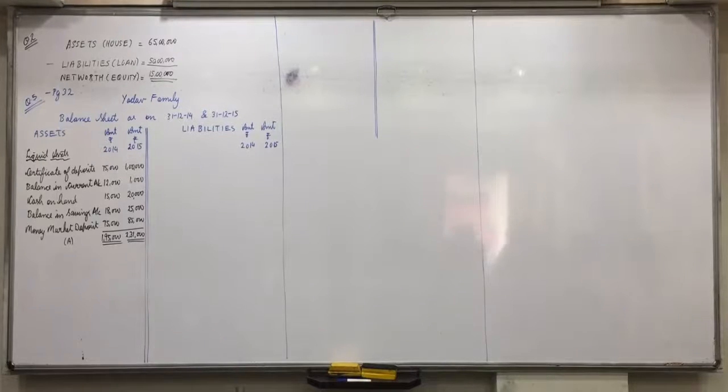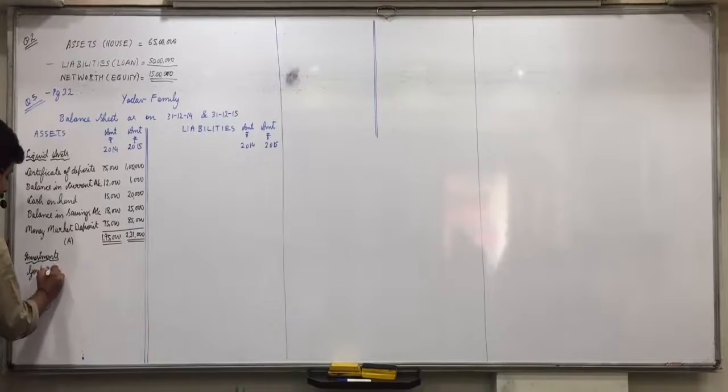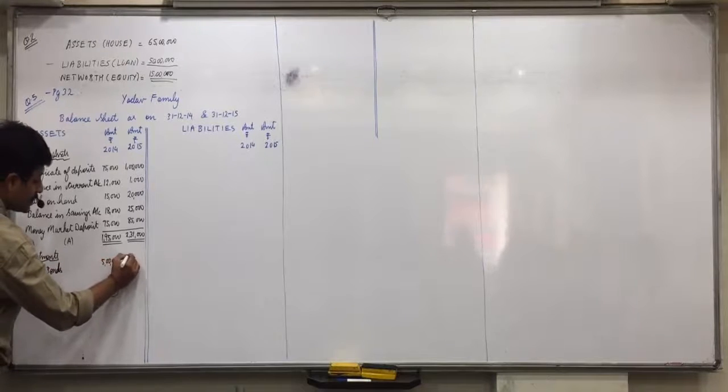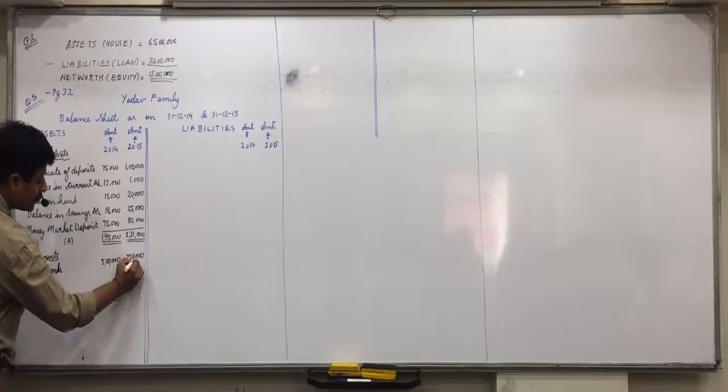Then, after liquid assets, Gaurav, investments. Government bonds, 5 lakhs and 7,50,000.